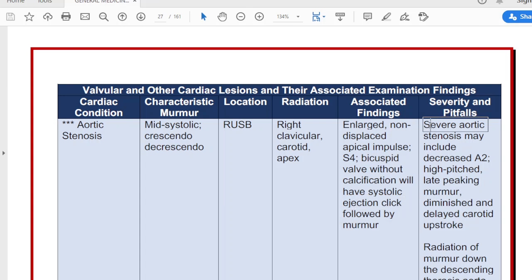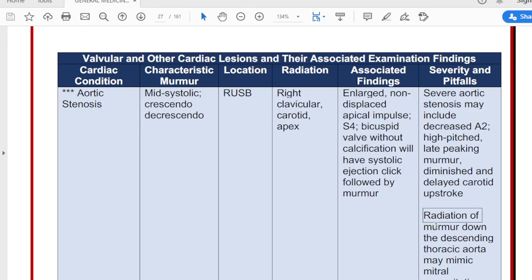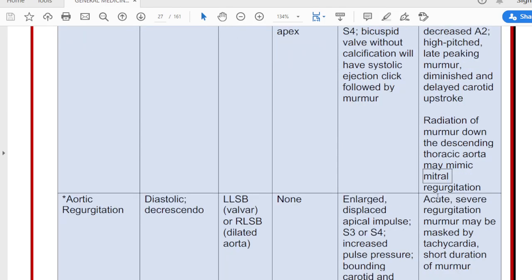Severity and pitfalls. Severe aortic stenosis may include decreased A2, high-pitched, late-peaking murmur, diminished and delayed carotid upstroke. Radiation of murmur down the descending thoracic aorta may mimic mitral regurgitation.